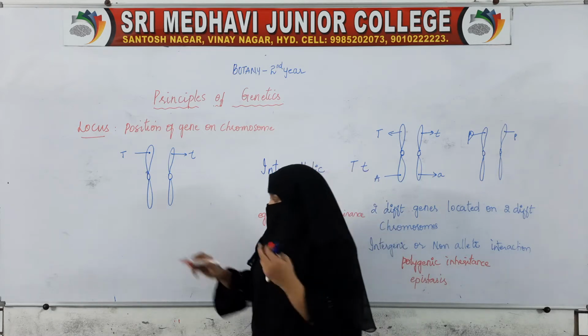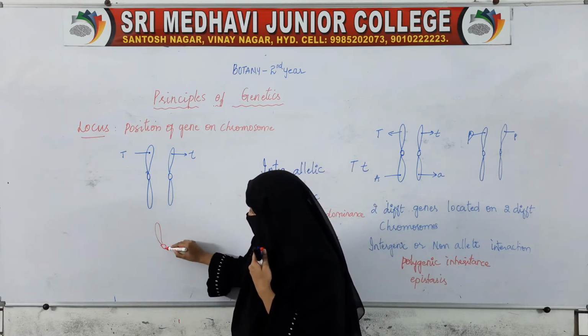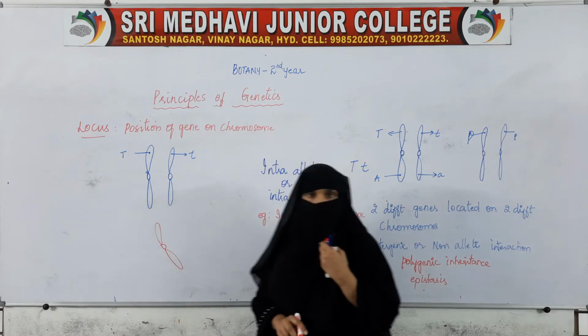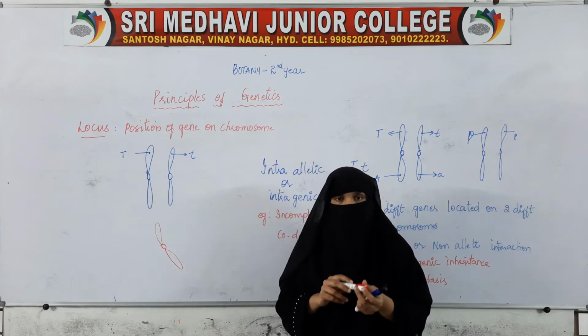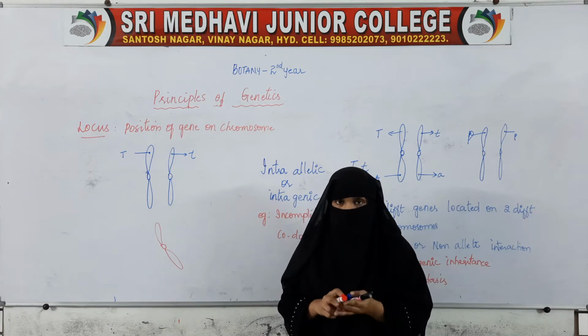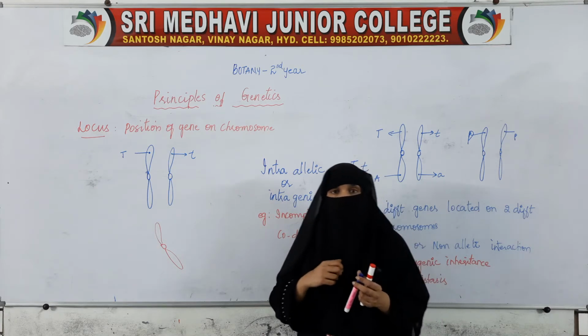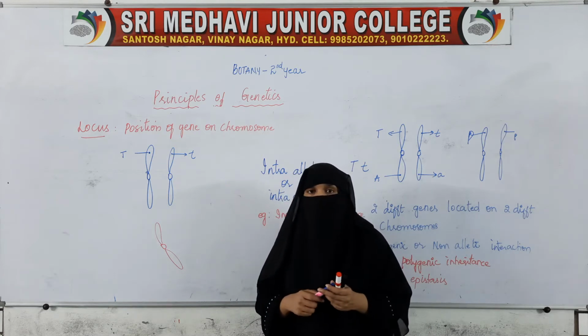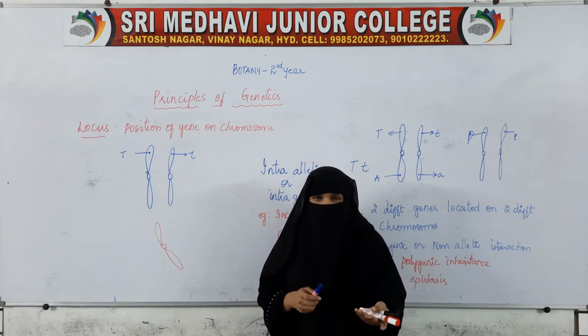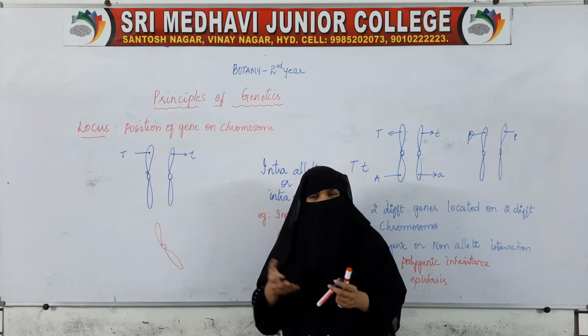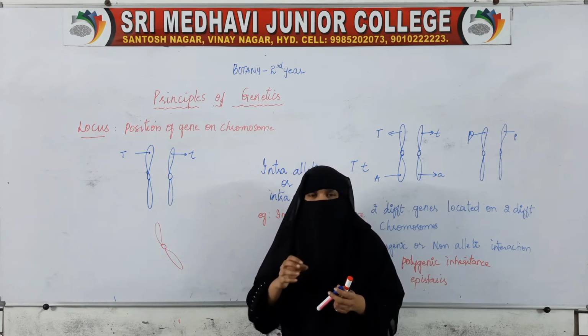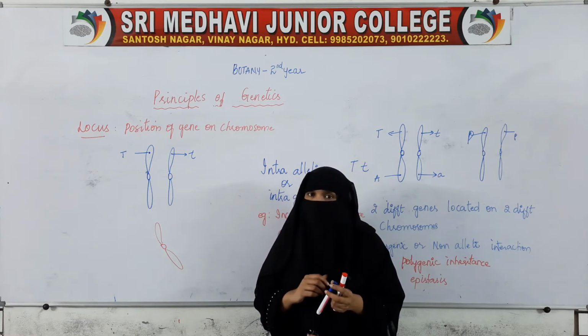For example, if this is a chromosome, each chromosome will have 2 arms. When the cell is ready to divide, chromatin will change into chromosome. Before cell division, when the cell is not dividing, the genetic material is in the form of chromatin, thread-like, bundle-like structures.